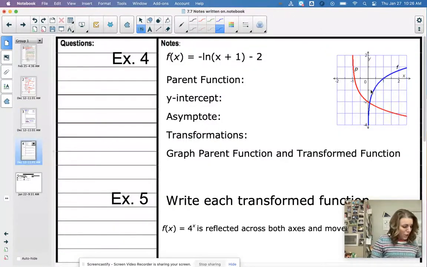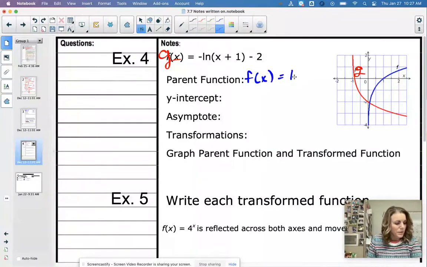So when I look at example 4, I know that the parent function here, I meant to call this G, and this is G. That's the original. So here we go. The parent function is f of x equals ln of x. We're going to find the asymptote. The asymptote of the transform function is right here.